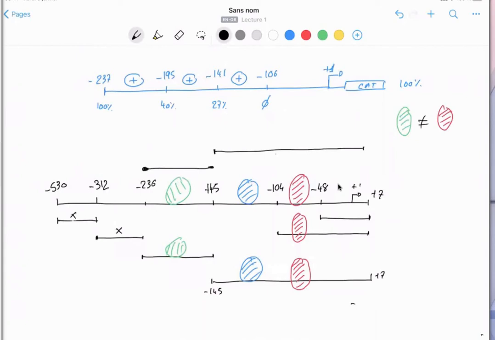So we confirm that the green protein is not the same as the red one, and we can also say that the blue is different from the green, if the blue exists. Is it okay? Yes.